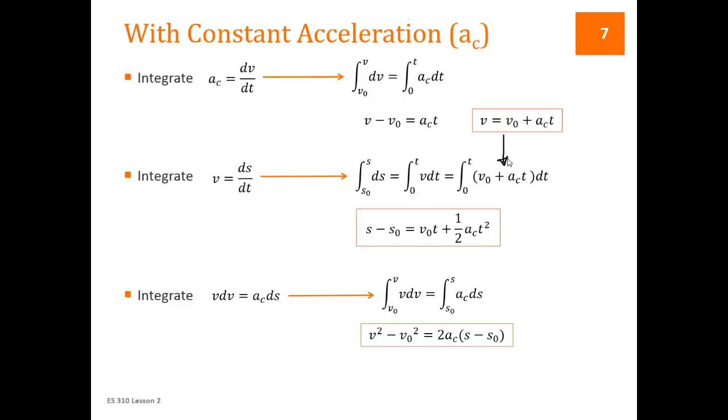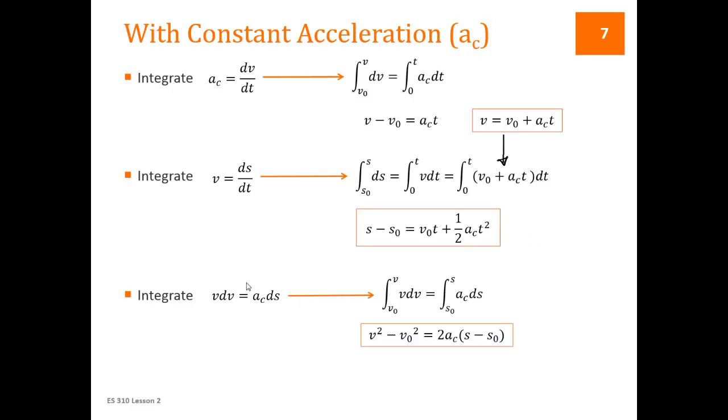The integral of v naught, that's a constant, it's whatever the initial velocity was, plus ac, a constant, times t. So we take that integral, we have the integral of ds from s naught to s is s minus s naught. It's equal to constant v naught times t plus 1/2 ac t squared. So that's our second equation in the simpler form.